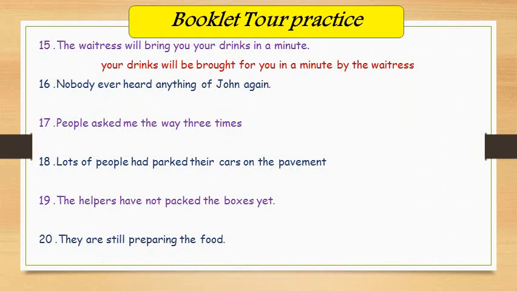You will be brought, or your drinks will be brought for you in a minute by the waitress. Or you will be brought your drinks in a minute by the waitress. You can say your drinks will be brought for you or to you, or you will be brought your drinks. Both of them, no problem.